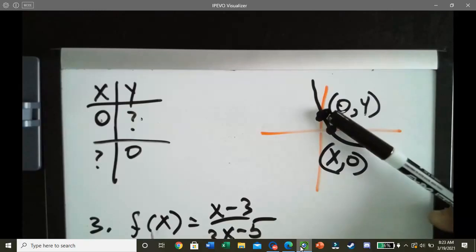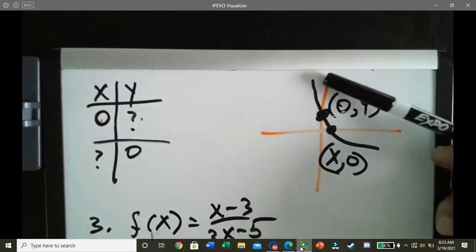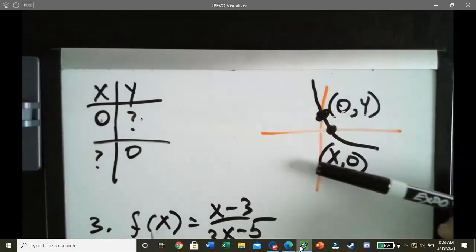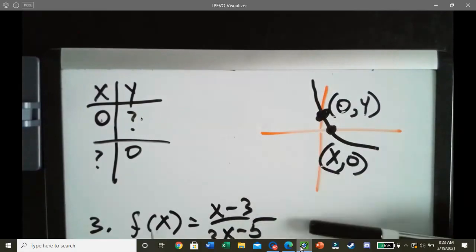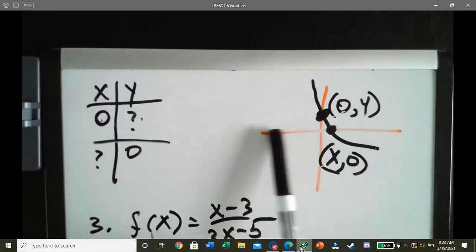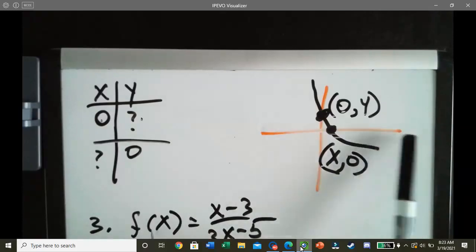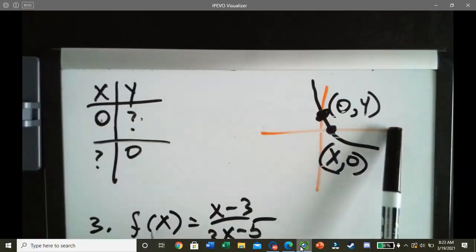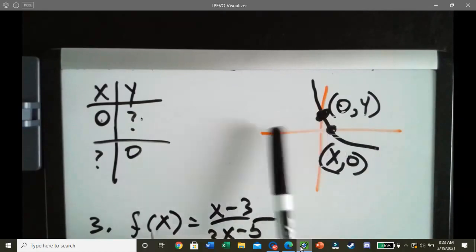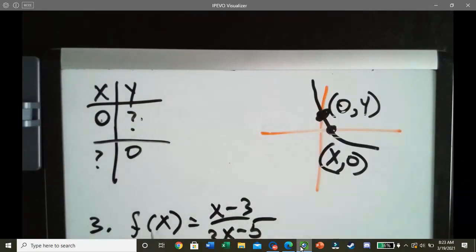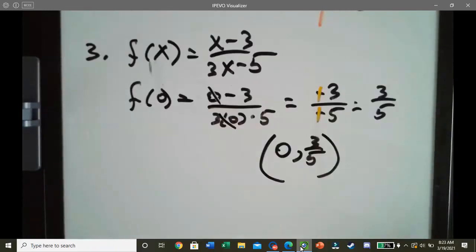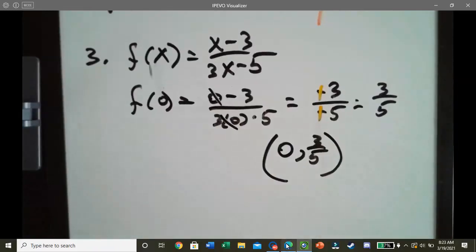X is always going to be 0 at any y-intercept, whether it's up here, here, at the origin, anywhere. Anywhere you have an x-intercept, y has to be 0, whether it's here, here, here, origin, anywhere. Y has to be 0 at any x-intercept. Okay? All right. Any other questions?